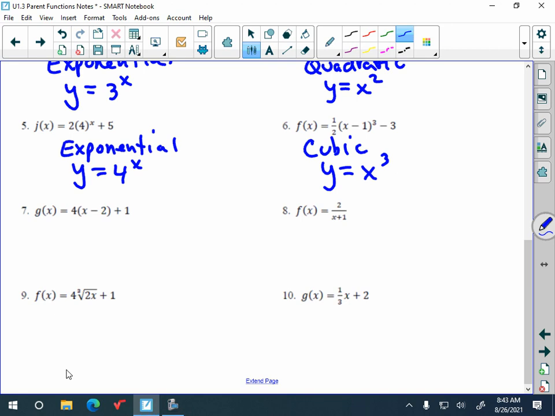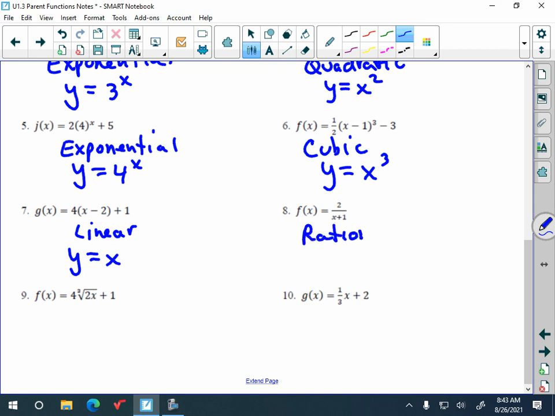All right, number 7. What do you think this one's called? Yeah, linear. Okay, a linear function. And so y equals x. All right, number 8. What's this one called? A rational. Yeah, because the x is in the denominator of a fraction, so it's called rational.